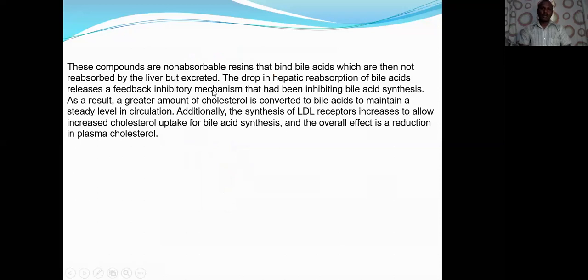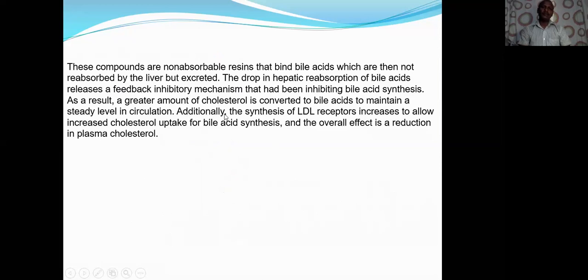These compounds are non-absorbable resins, and as I told you, they bind to the bile acids. Then the bile acids are not reabsorbed, so it promotes cholesterol metabolism in the liver.